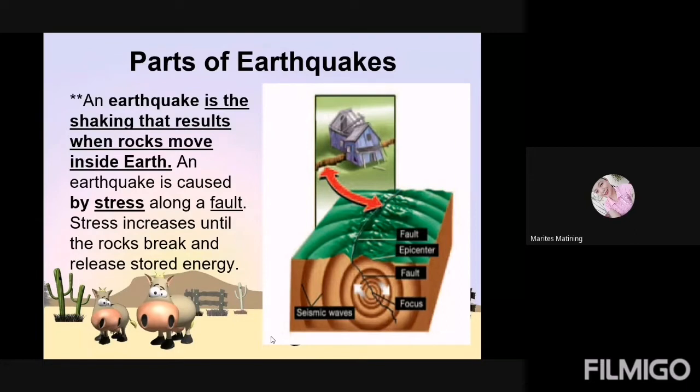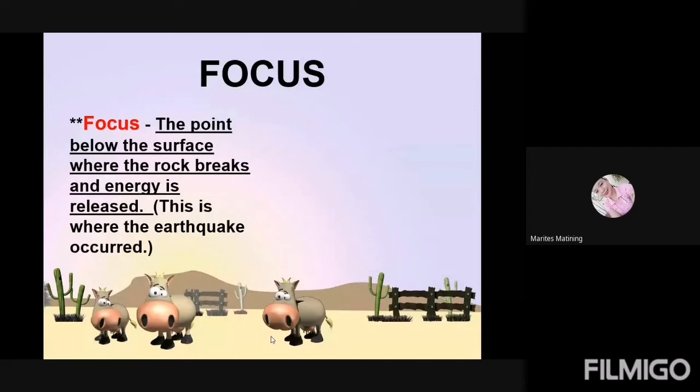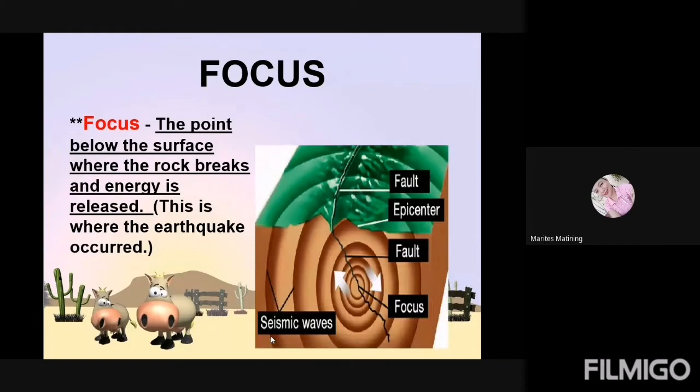Okay, so stress increases until the rocks break and release the stored energy. So that's how an earthquake occurs. So here, we have the first part of our seismic wave or our earthquake. Ayan, dapat malaman muna natin tong mga to.